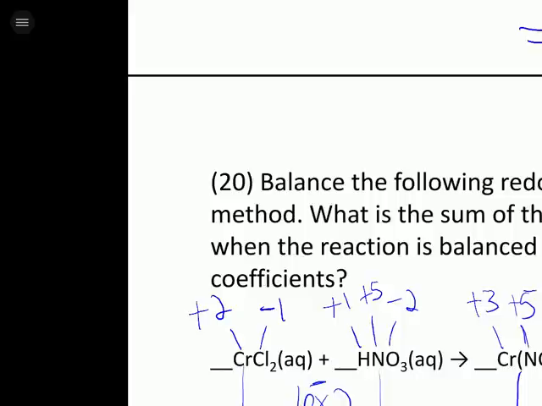We set that to 1, we set that to 1. So our electrons are balanced, so the rest we just balance by inspection. On our product side, we have 6 nitrate anions, 2 chromium nitrates, each with 3, so we need another 6 HNO3s.